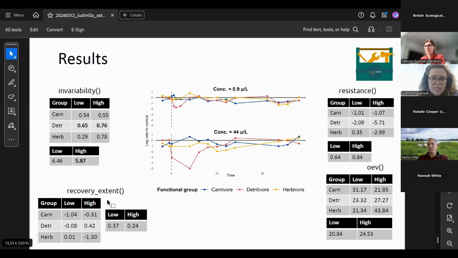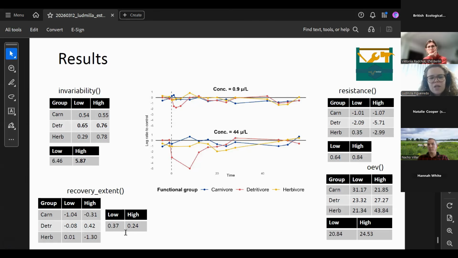For the recovery extent, so how much our system managed to go back to its previous state, if we look at the functional stability of the groups, so the carnivores, the detritivores, the herbivores, we see a lot of negative values, meaning that there was a bit of undercompensation for all the groups.